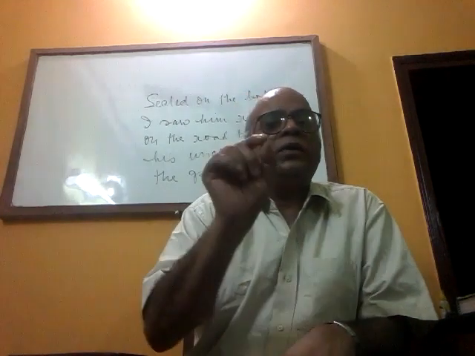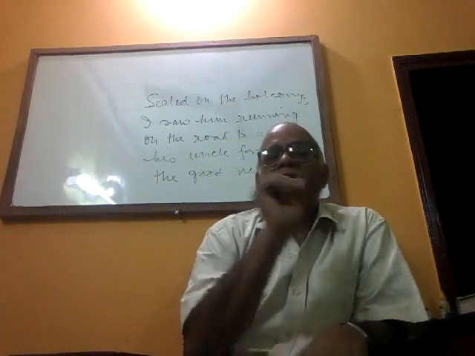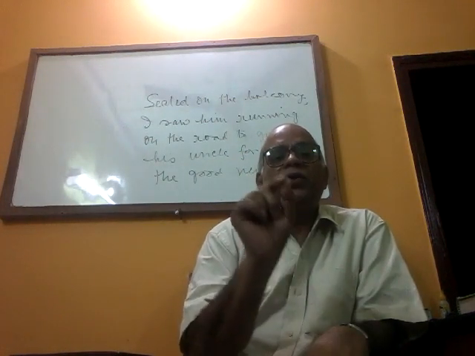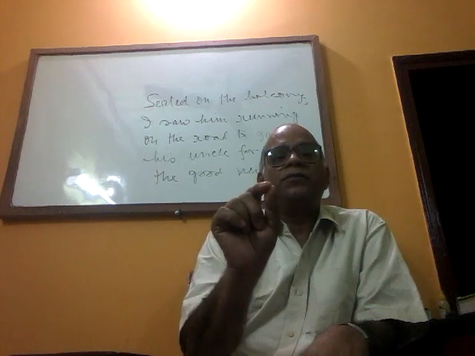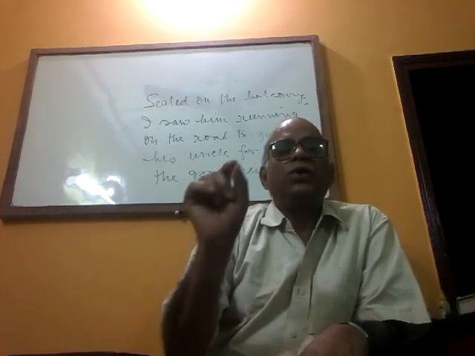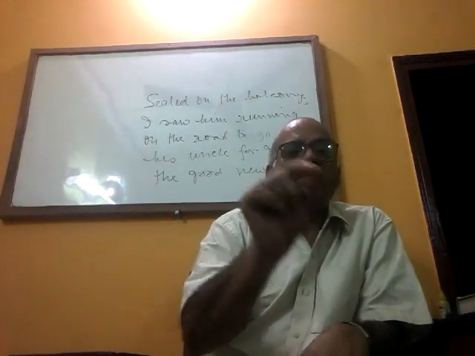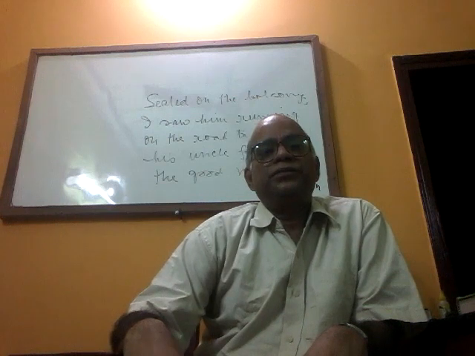Now in the same sentence, Riya is a good girl. If you watch carefully, you will see: Riya is a good girl whom everybody admires. Whom everybody admires or loves, whatever it is, whom everybody loves. This is qualifying the noun girl.